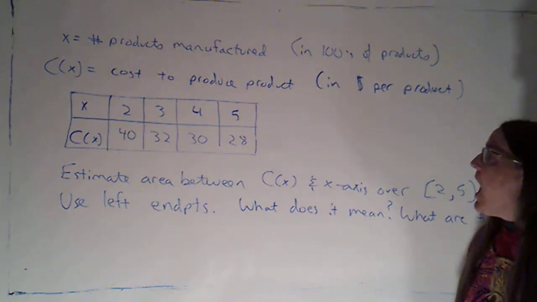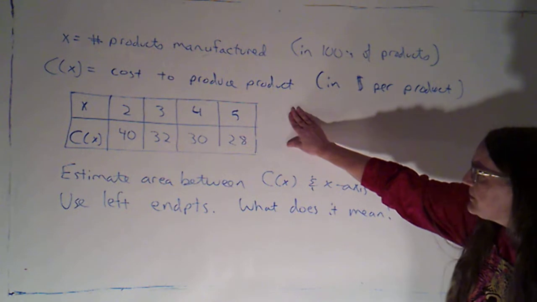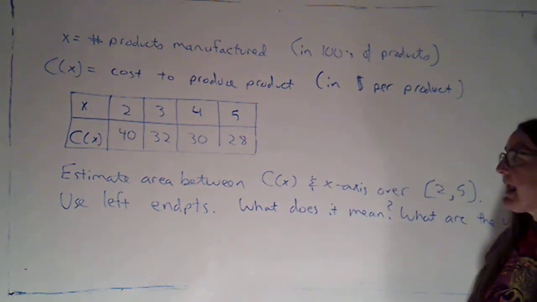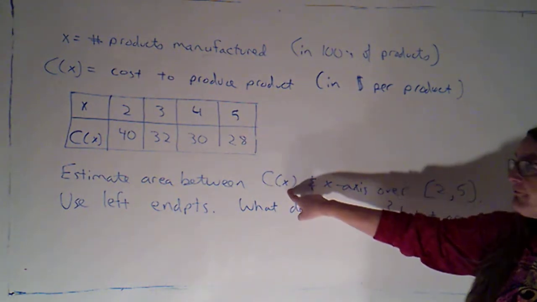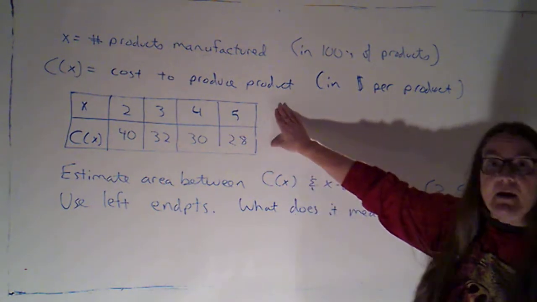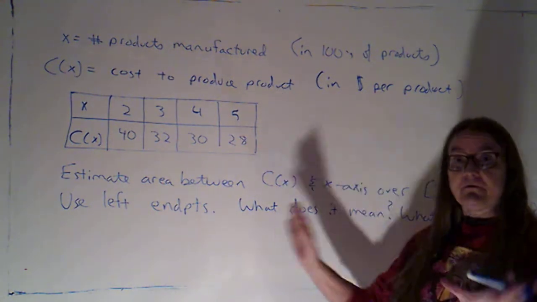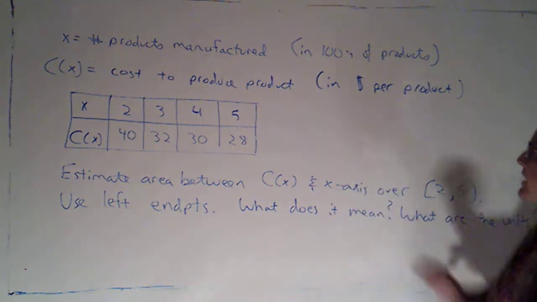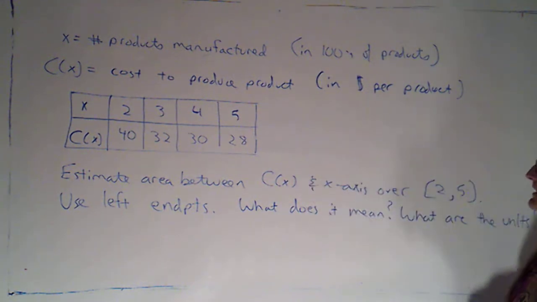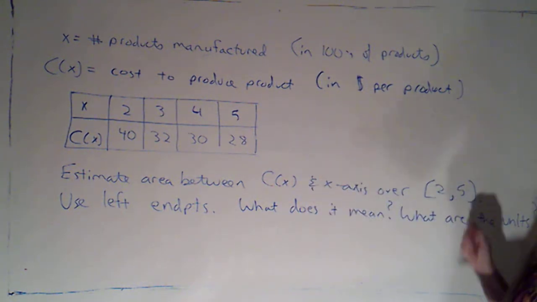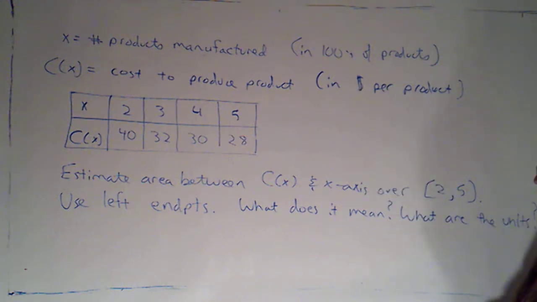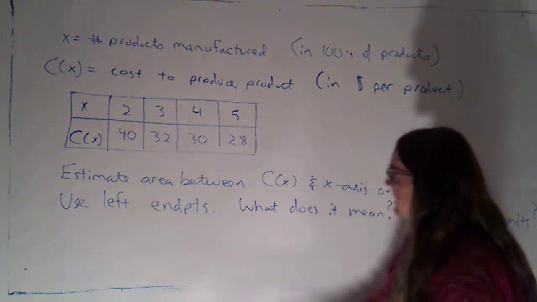All right. So I've given you this table of values. I want you to estimate the area between the graph of C of X, and all of these would be points on that graph, but I haven't given you the full formula for it, and the x-axis over the interval from 2 to 5, which is where I gave you the information. I'm telling you to use left endpoints.